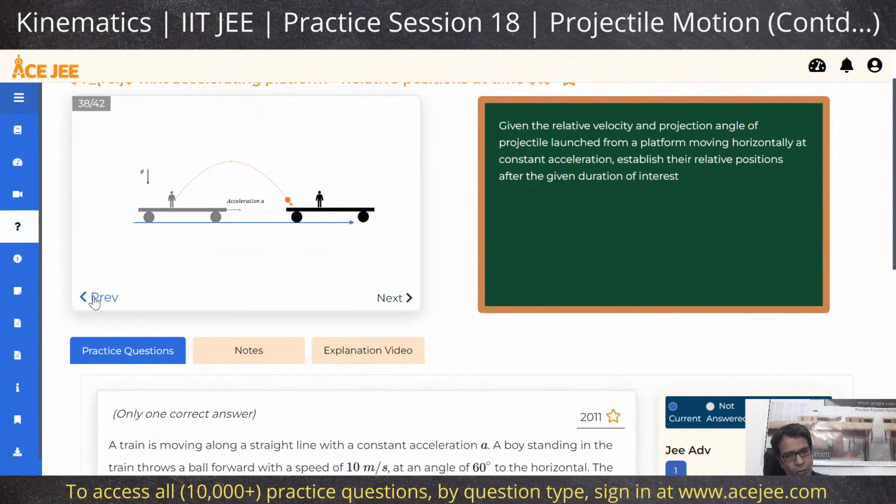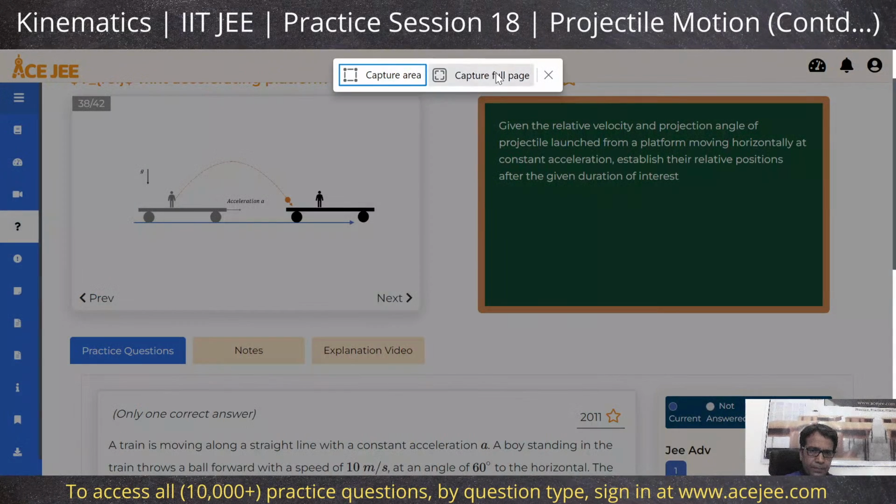The platform is moving, accelerating in the horizontal direction with some acceleration, and the man launches the ball with a relative velocity, and then how far behind the man will the ball fall when the ball again hits the train? Something along those lines will be the question. Would you guys know how to figure that one out? How would you think about it?